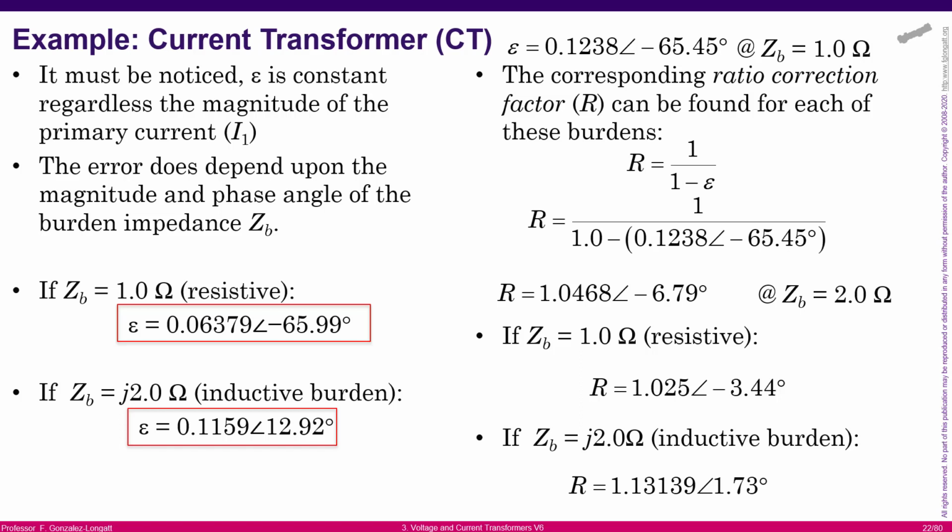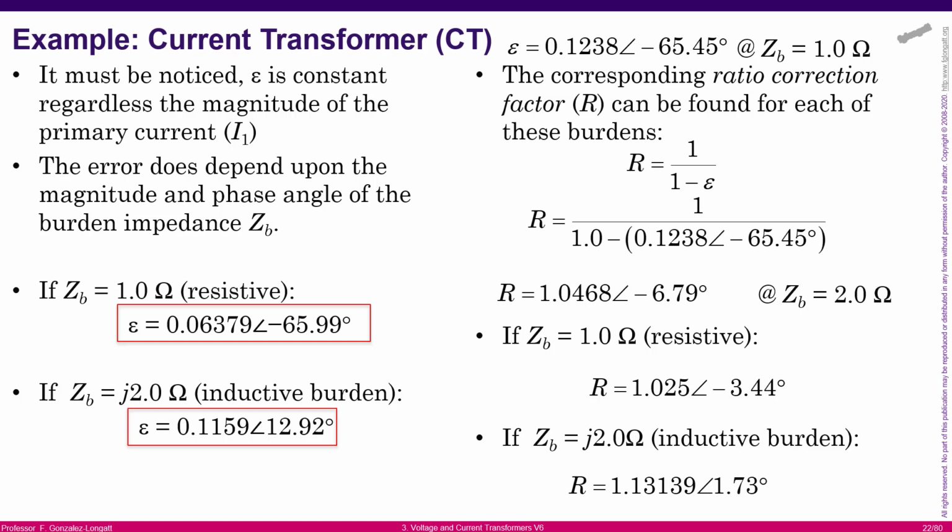Numerical results, I think you can see over there: if the burden is resistive and equal to 1 ohm, you can see that the error is 0.063, but if we use a bigger burden, and this is inductive, the error increases to 0.1159. Something similar happens with the corresponding ratio correction factor.